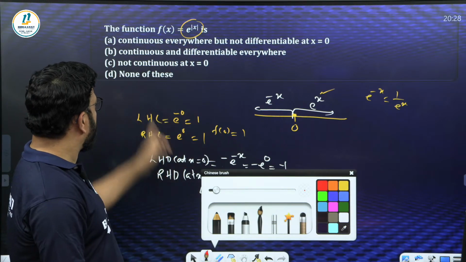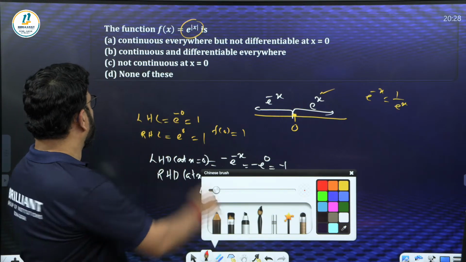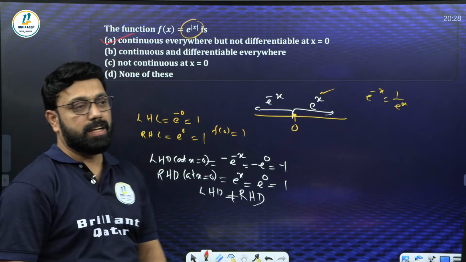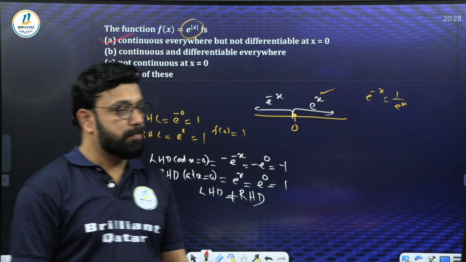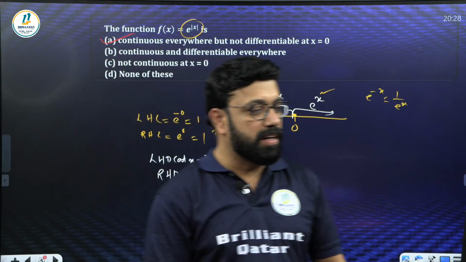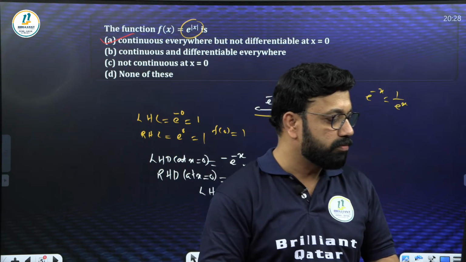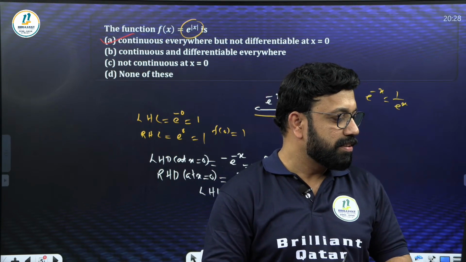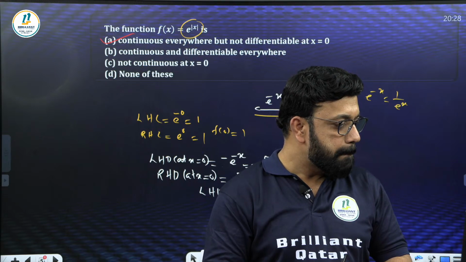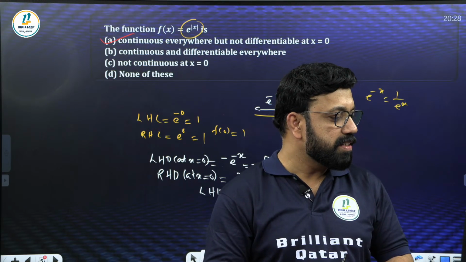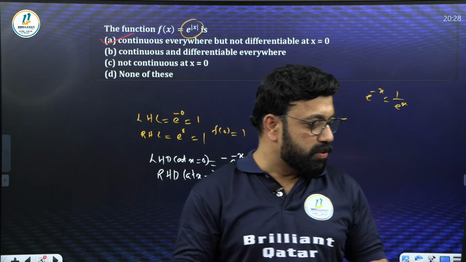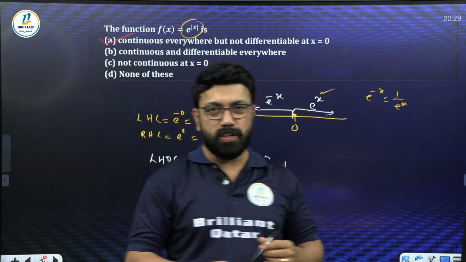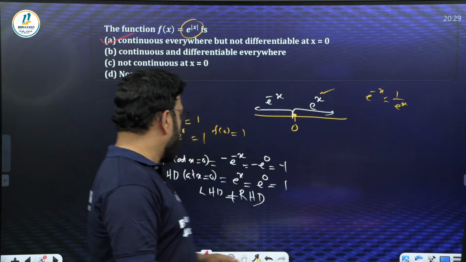No. Not continuous at x equal to 0? No. Then which is the correct option? A: continuous everywhere but not differentiable at x equal to 0. Yes, answer is A. Yes, Tushar. Taigun. Mevin. Yes, good job. All are getting the right answers only. Okay, we can move to the next question.